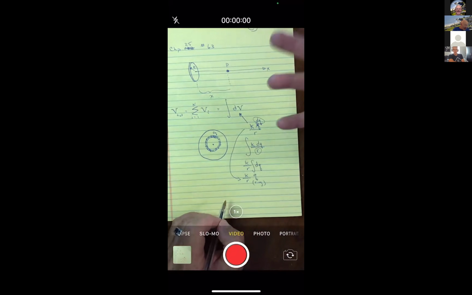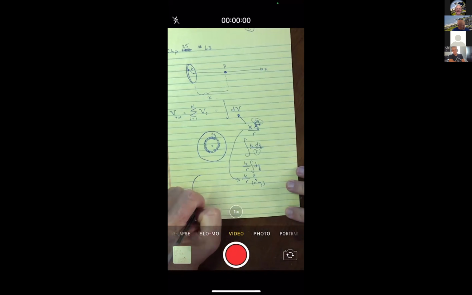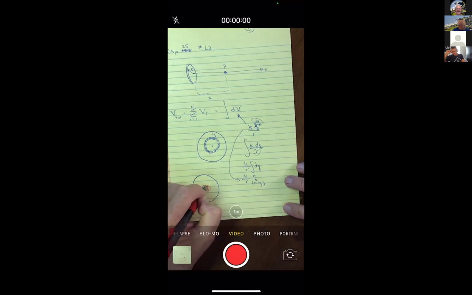And because of that, I'm going to change my thinking from saying, let's not add up a bunch of points, but let's add up a bunch of rings. And so maybe I will add the first ring plus the second ring plus the third ring plus the fourth ring.